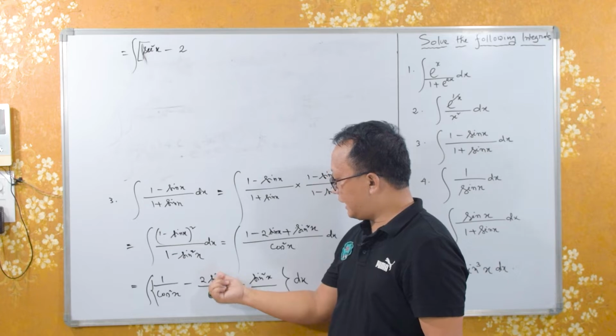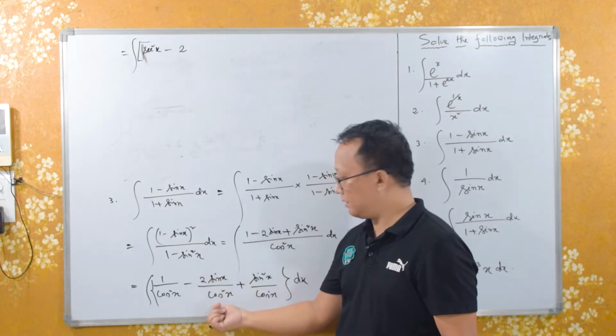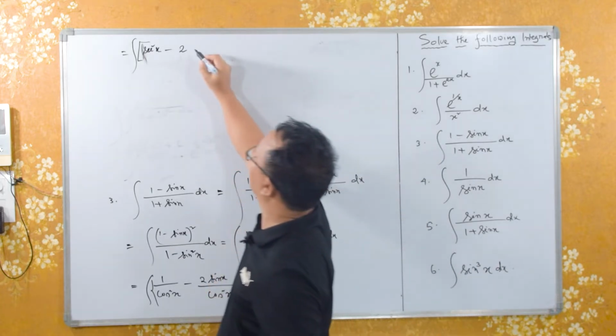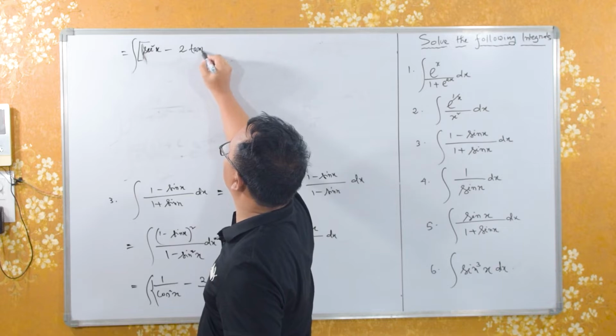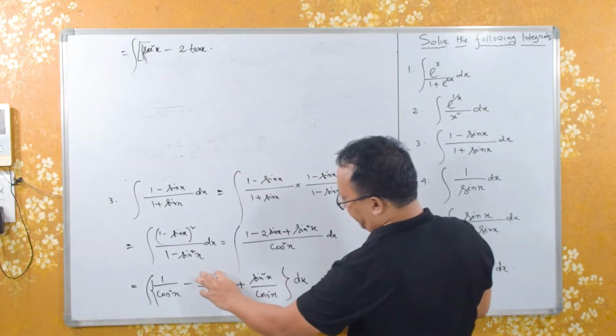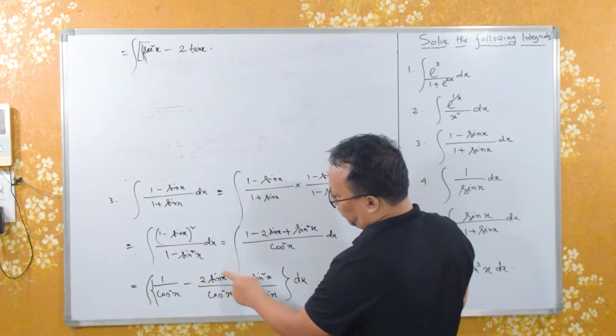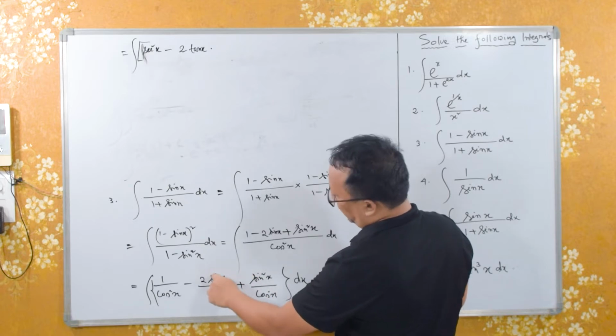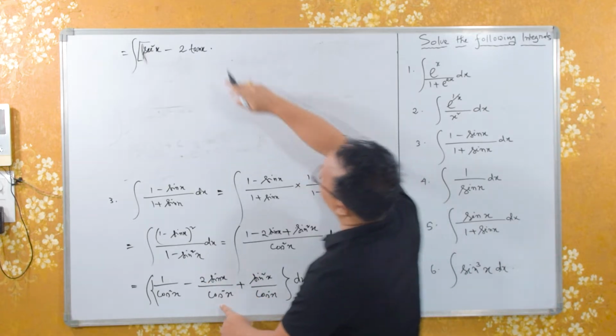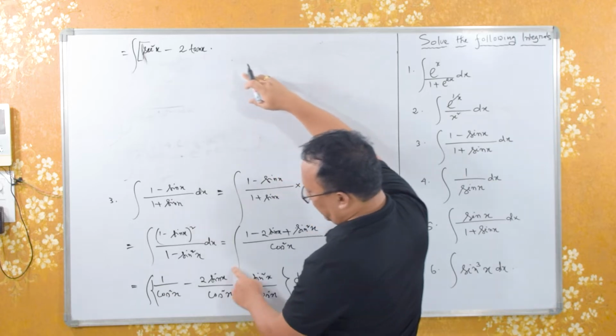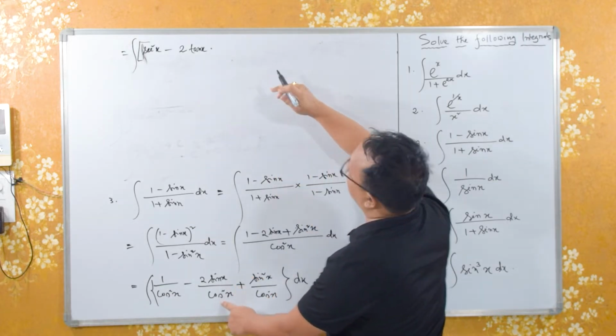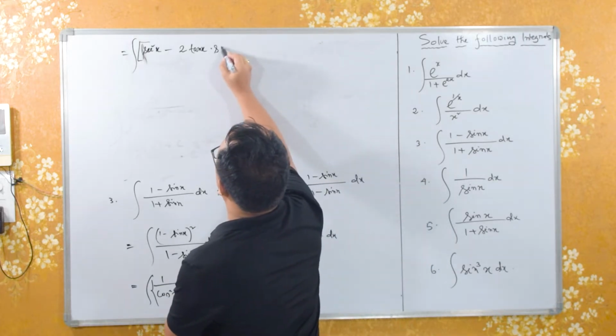One cos x, I can say sin x upon cos x, sin by cos is tan x, and another is 1 by cos x, 1 by cos is sec x.